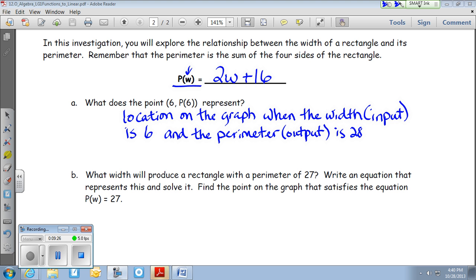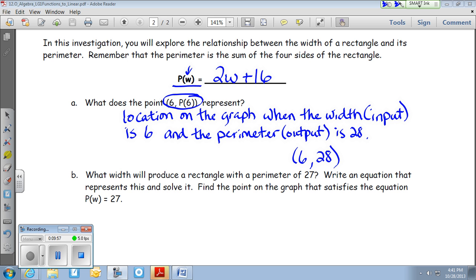So once we put 6 in for the W into our equation, then we get 28 as the output. And so that would look like 6, 28 would be that ordered pair and that place on the graph. But this ordered pair right here is basically saying the width of 6 and then the perimeter when you plug in 6 for the width. So that's that ordered pair.